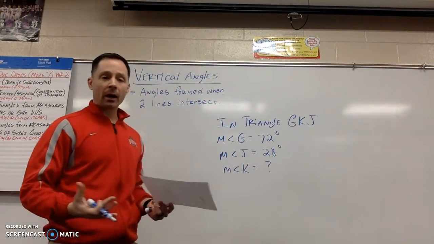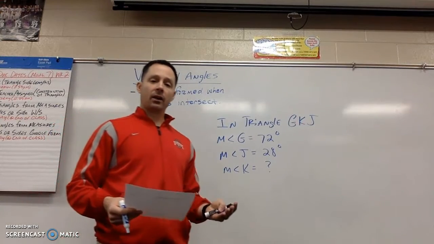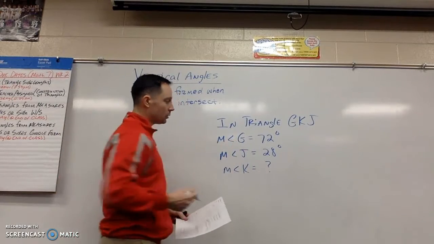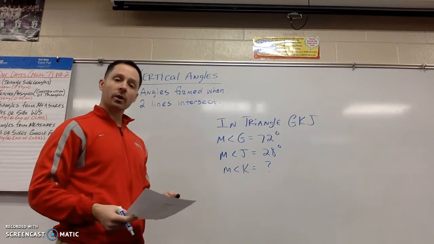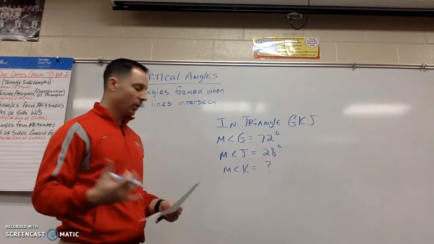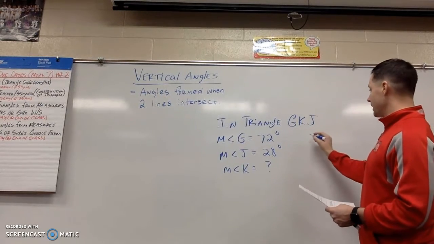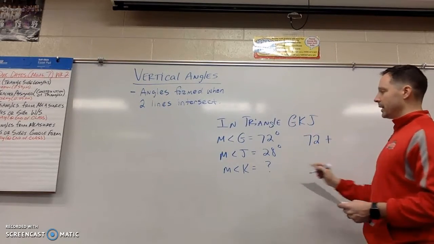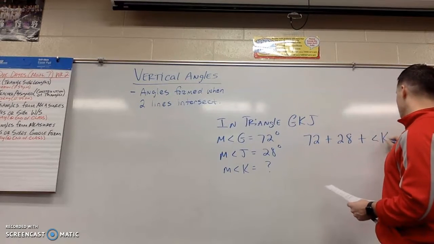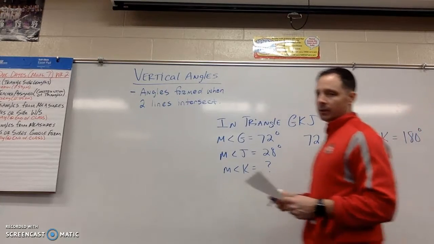Well, we got to use what we know about a triangle. And yesterday we had a conversation that triangles, their angles add up to be 180 degrees. So if we know angle G and angle J are 72 and 28, we can find this missing third angle simply by setting up an equation. If angle G is 72, we can add that to angle J, which is 28, and then plus angle K equals 180 degrees.